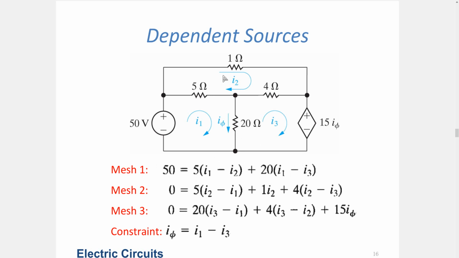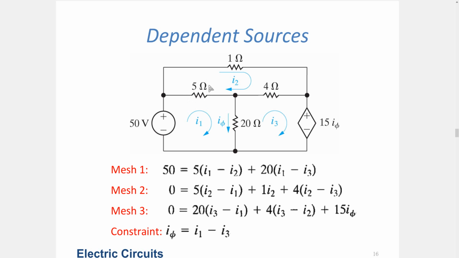Now in the second mesh, I only have resistor components, so I can easily write down the KVL equation. Since I'm rotating in this direction, and in the first place, I assumed that the current flow on 5 ohms is from left to right, then I'm going to get a negative sign.